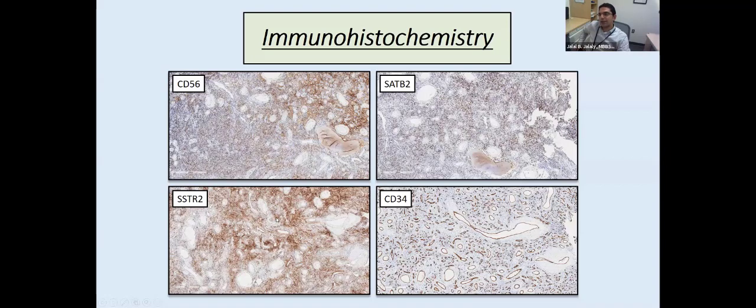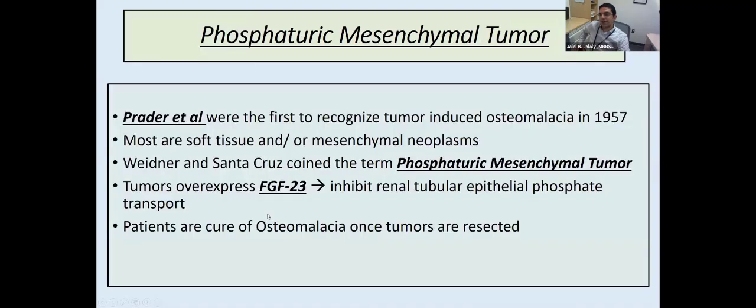So this actually is diagnostic of phosphaturic mesenchymal tumor in this patient, which is a tumor that has been described since the 50s. And it's usually a tumor that we think about in the soft tissue and bone rather than in the sinuses. But when it occurs in the sinuses, it can have a different morphology, like I've shown in this case.